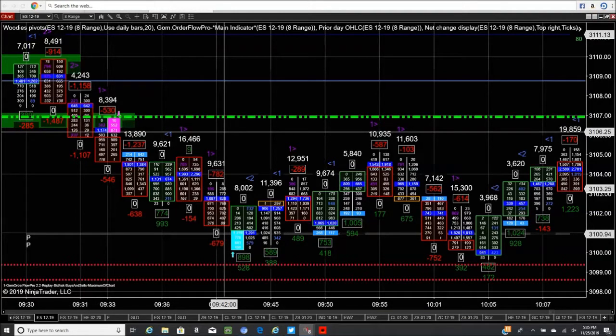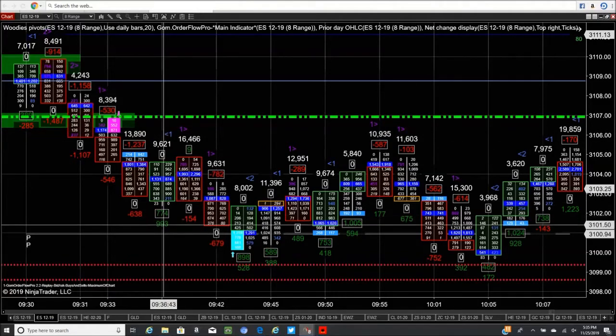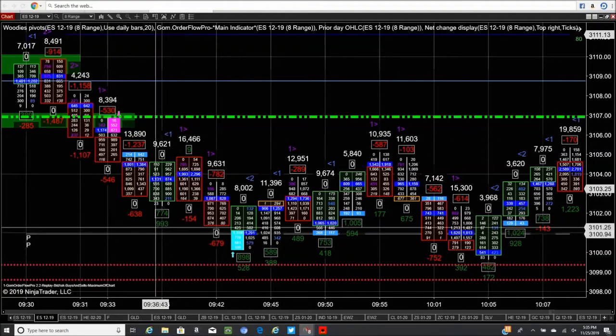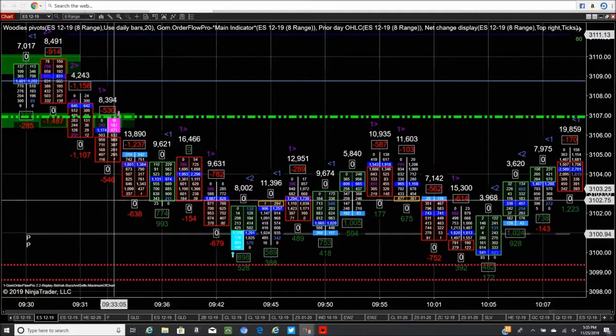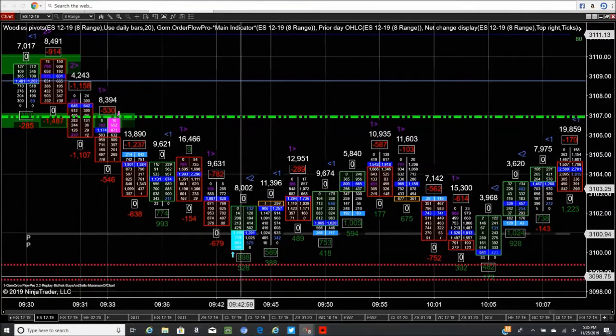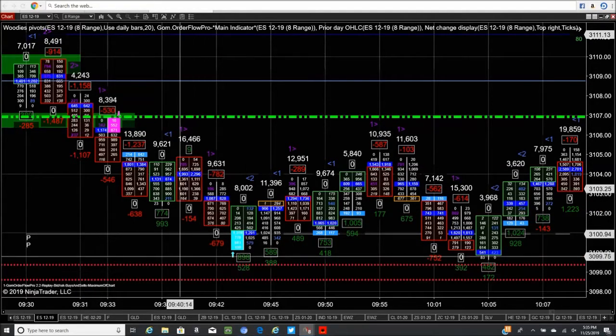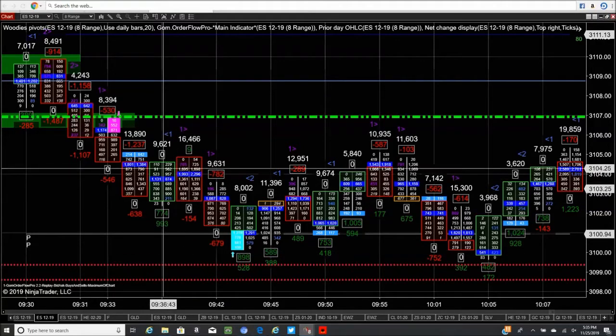And that is basically a measure of pressure as to which side actually won out inside that candle. And then the numbers that are not in the box, 993, negative 638, negative 546, positive 528, that is the delta. And the delta is the net of everything that went inside that candle.